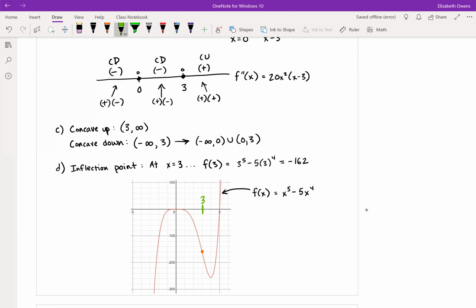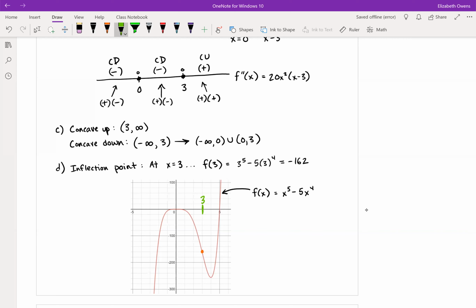You can see that happy face type of U shape for the concave up, positive second derivative, on the graph right here, and it shoots off. And then concave down on the other interval, from negative infinity to 3, or you could say the split version of that, remember. We see that concave down, frowny face type of shape over there. So yeah, we have the right concavity on our graph.